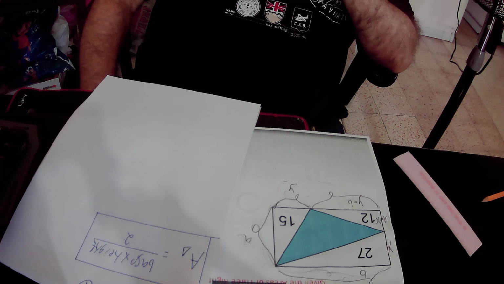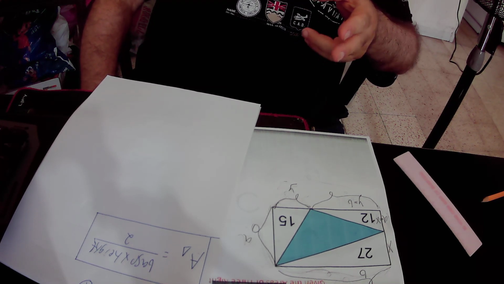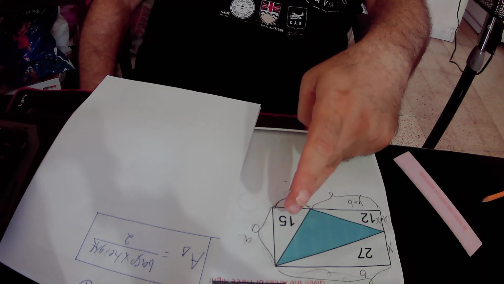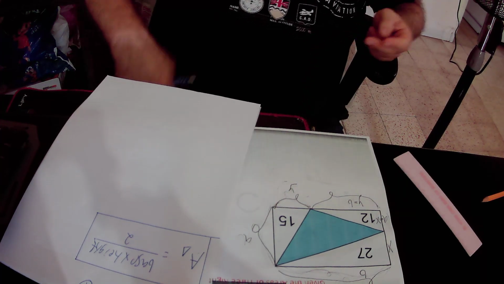Okay, so we will start to create the first formula for the area of the right triangle whose area is 15 units.